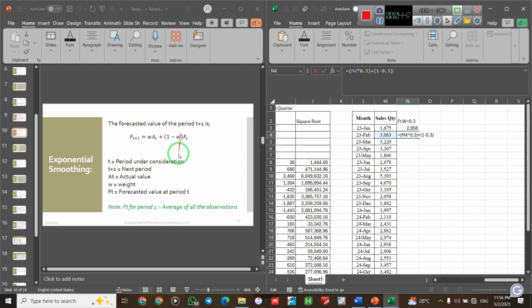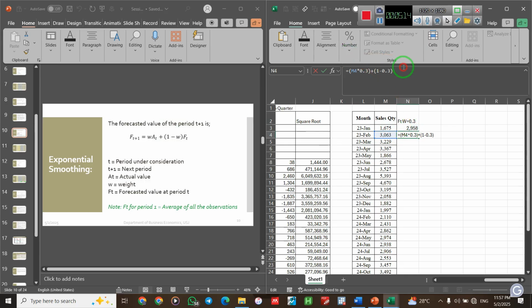F_t is the forecasted value at period t. That means the forecasted value at the first period. Our first period is January 2023, and our forecasted sales in January 2023 is this much. So you multiply this 1 minus W by this forecasted value.